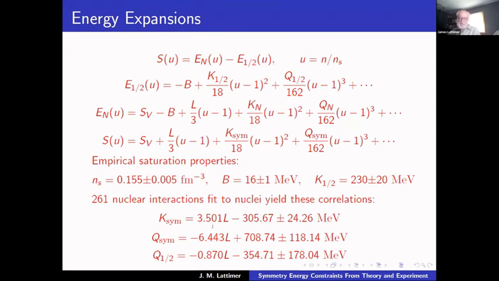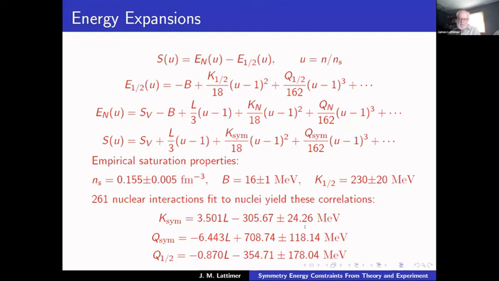Of the remaining 261 interactions, these correlations appear with correlations on the order of 90% or so. The uncertainties are not tiny, but they're not grossly large either.